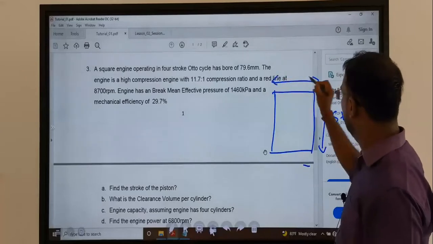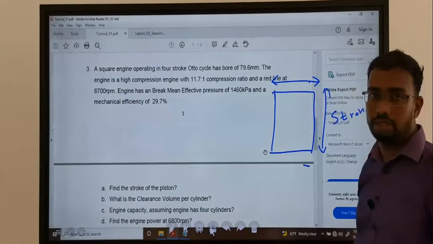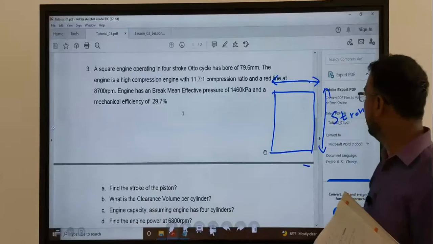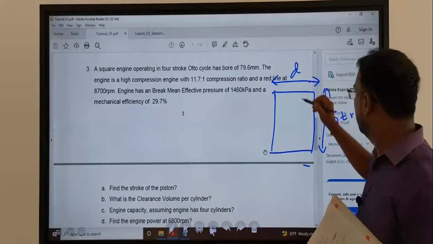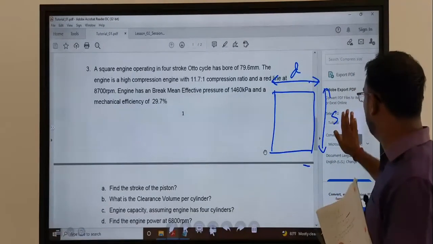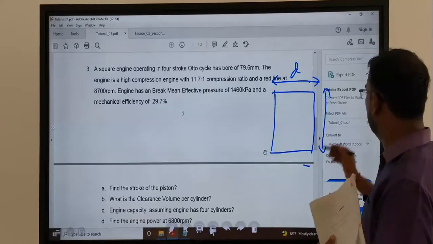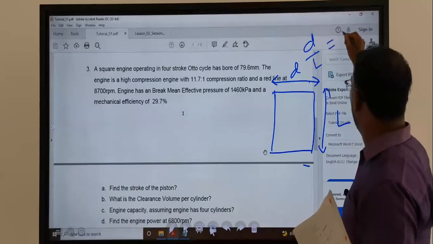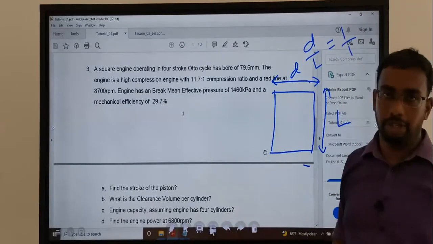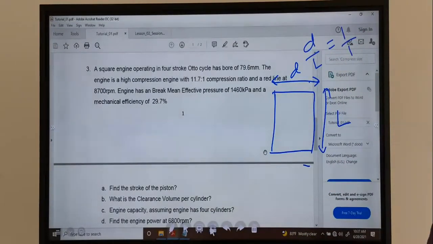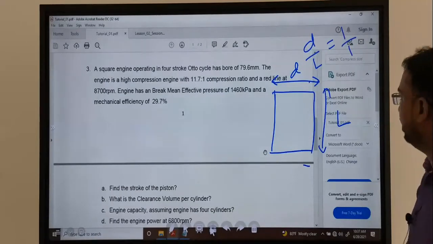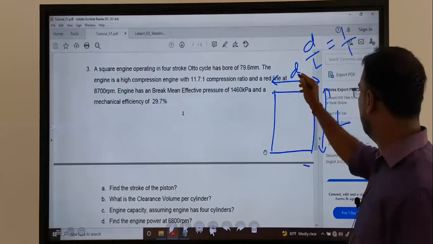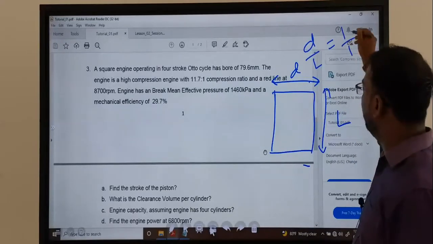The ratio D to L equals 1:1. Before we used 1.2 in the last question. Here a square engine means D to L equals 1:1.